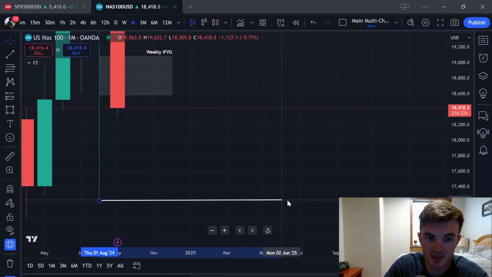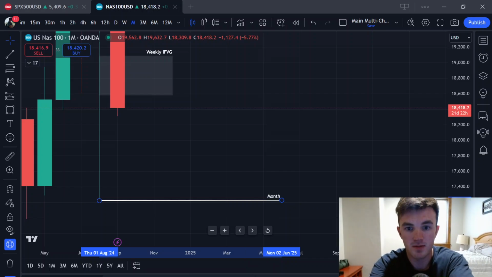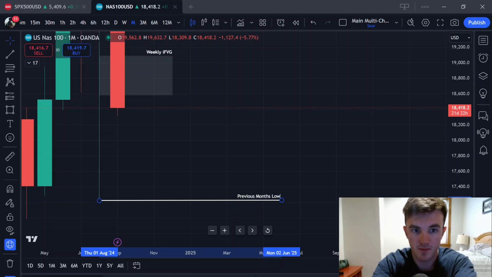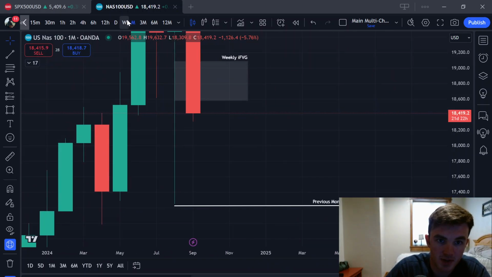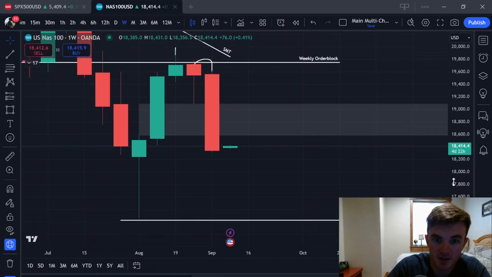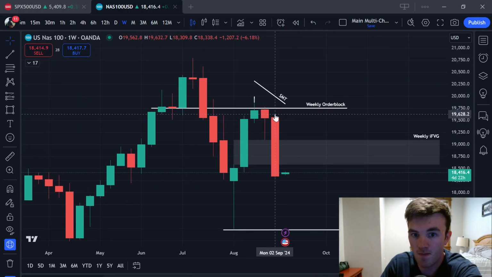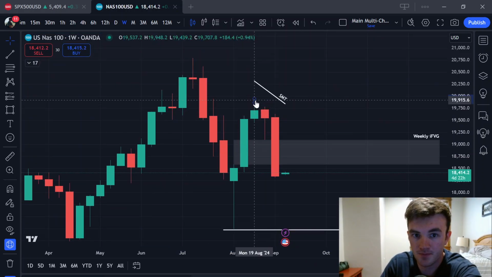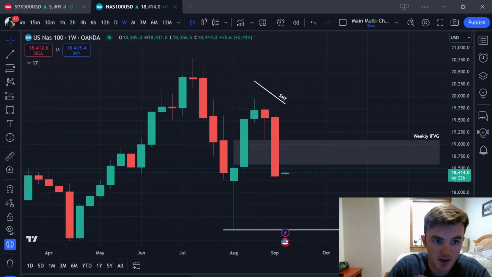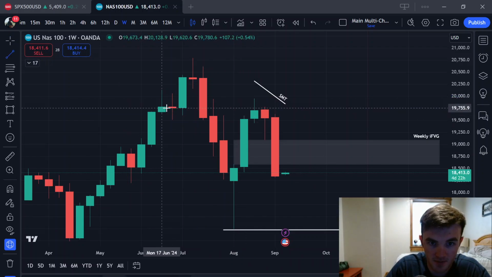So this is a significant draw on liquidity. So we got this weekly inverse targeting this previous month's low. And this happened at the weekly order block.